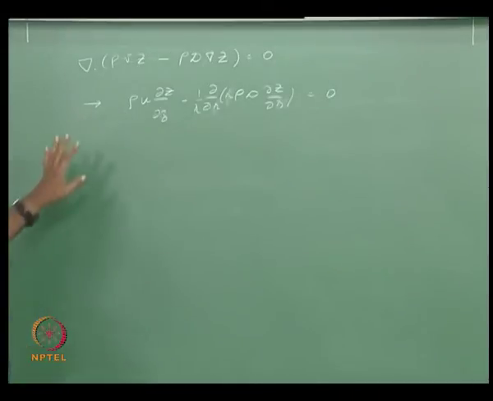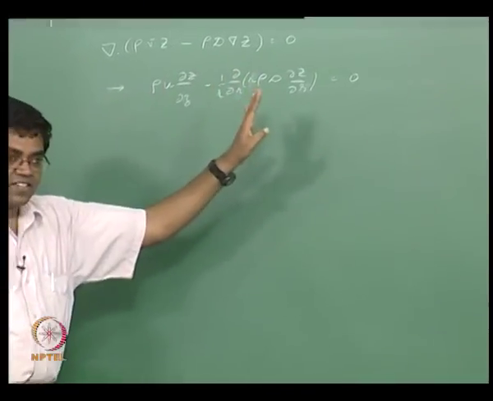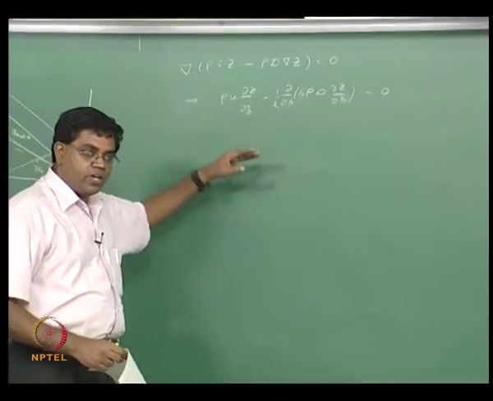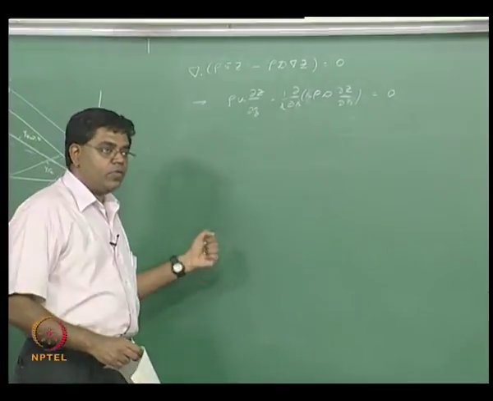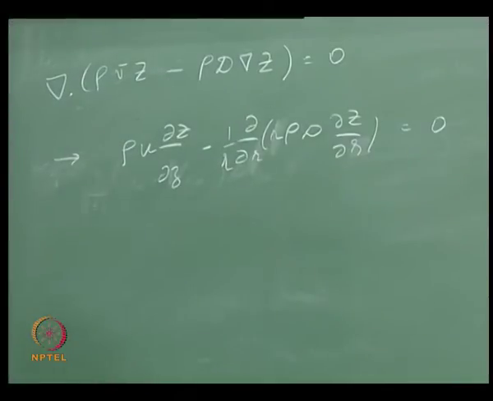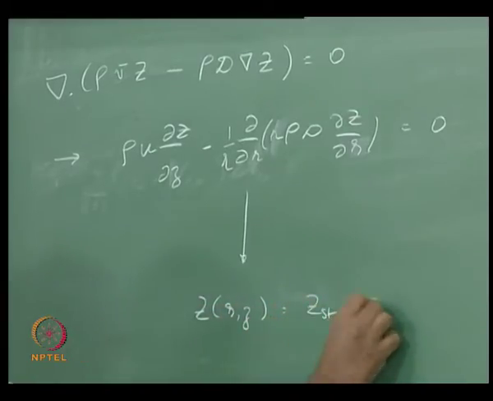Now you could go ahead and solve this as it is, and then finally look at the solution and find out wherever z is equal to z stoichiometric is where the flame shape is, so you're going to get z of r comma x equal to z stoichiometric as the flame shape.